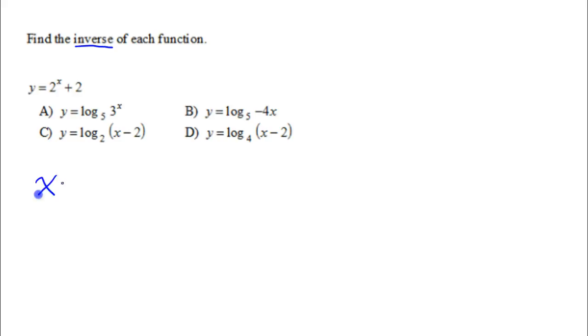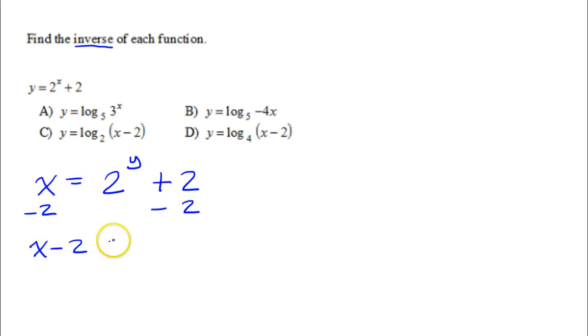So that's going to be x equals 2 to the y power plus 2. So I switched x and y. Now I need to solve for y. I need to get y by itself. So one thing to do would be subtract 2 from both sides. So that will give us x minus 2 is equal to 2 to the y power.